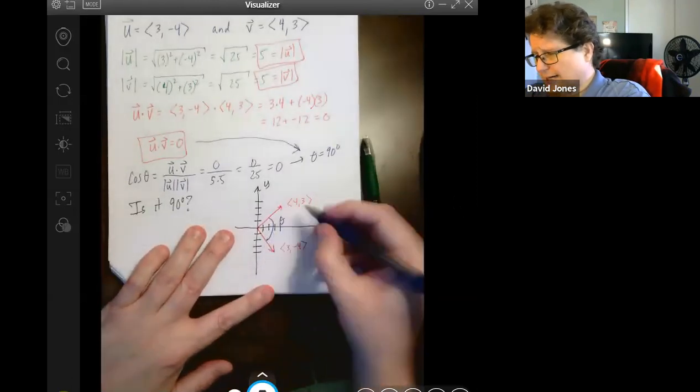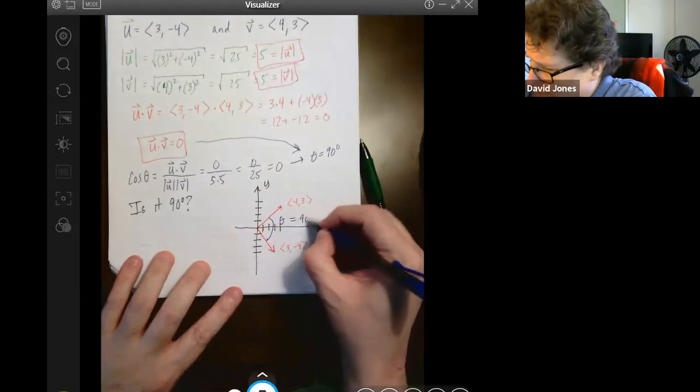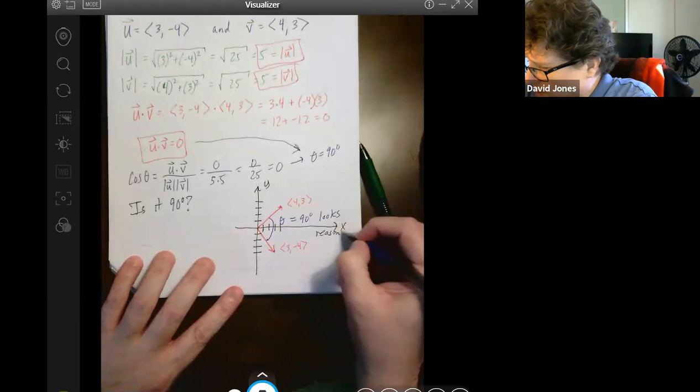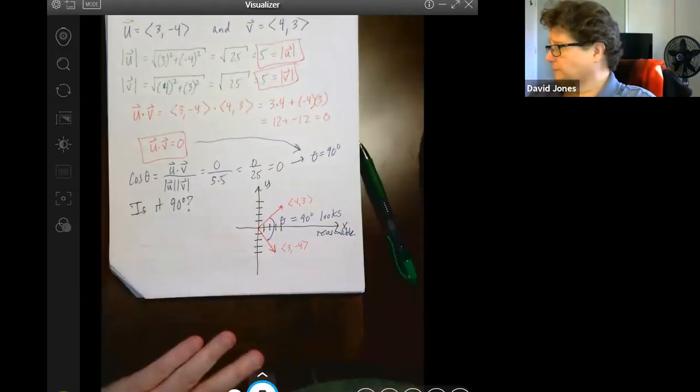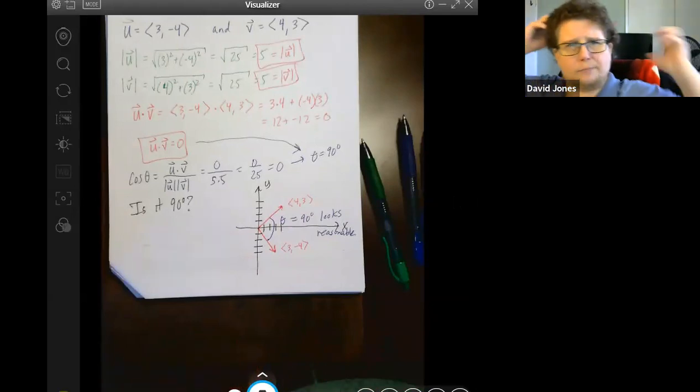That's angle theta. And if I drew the picture better, this looks like 90 degrees, looks reasonable. Especially since I was freehanding it. That wraps up 8.4.